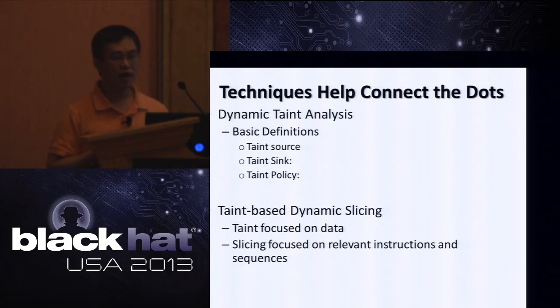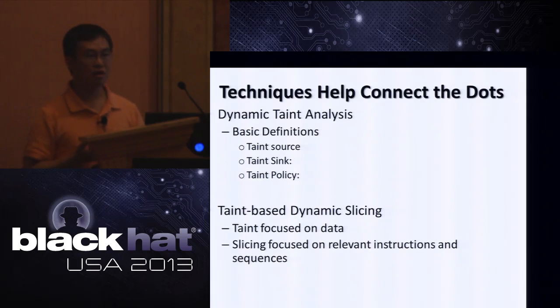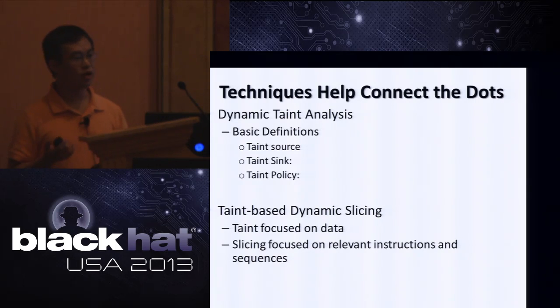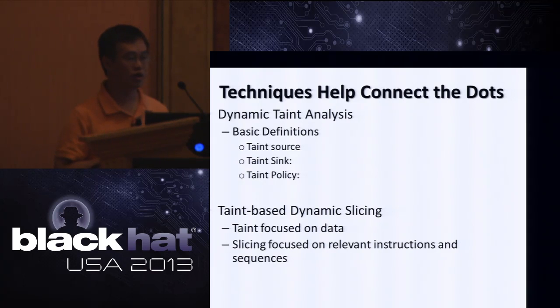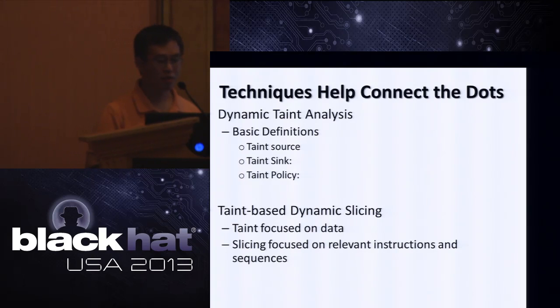So in a vulnerability context, the taint source usually can be your input, the input that the user has control of. The sink could be the return address or EIP register, things that have security implications. The most commonly used taint policy is the data policy: your source somehow affects the value of your sink.